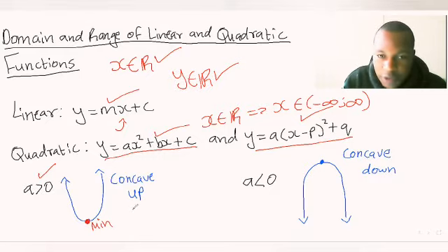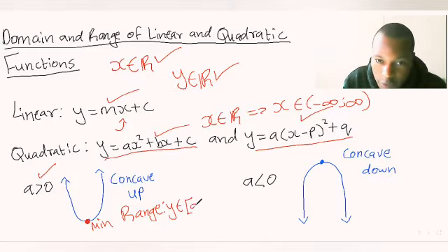And the range would then be, so that's the range over there, y is an element. We always start from the smallest y value, including that y value. So that would be the minimum, which you can call q, up to the maximum, which would be positive infinity, not including.